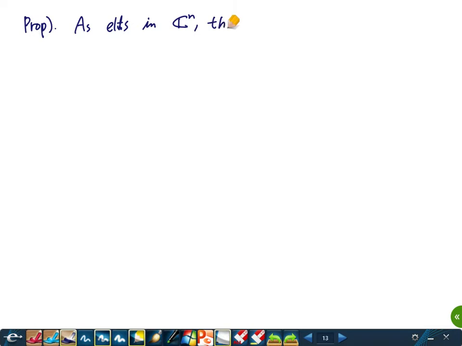The roots that we found are plus minus e_j, plus minus e_k, for 1 ≤ j < k ≤ n. So this is really something like alpha_{jkl}.